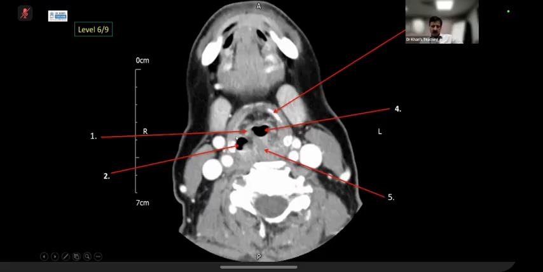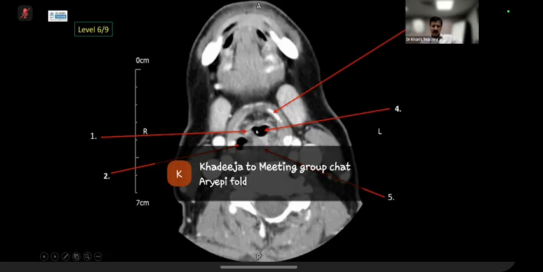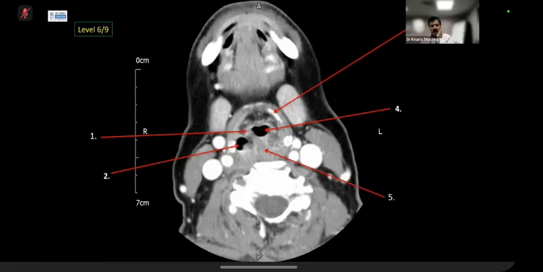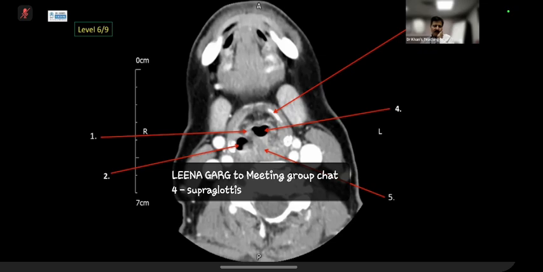What is number one? This thing. And this airway, number two. Okay.